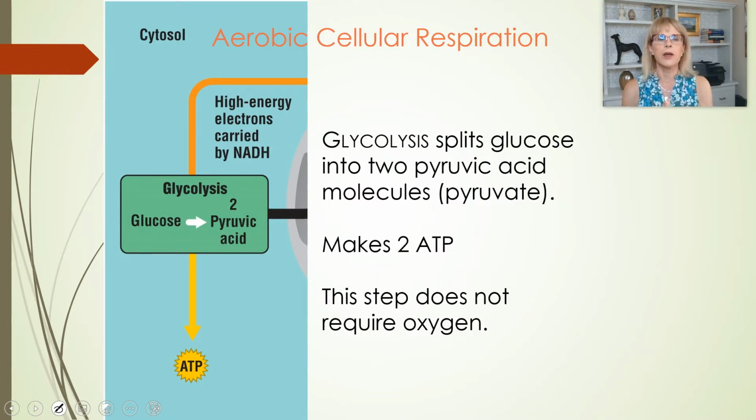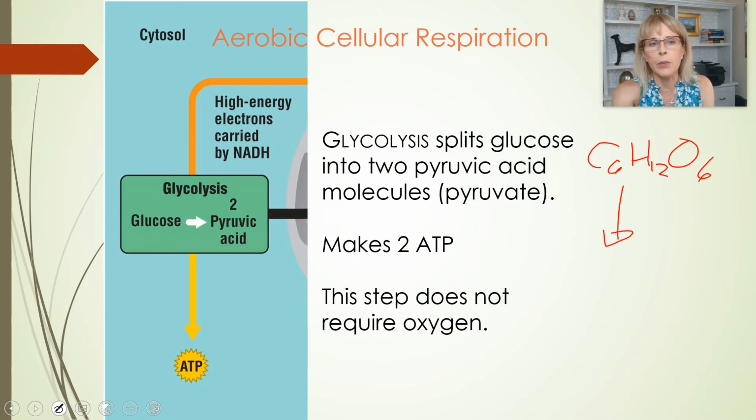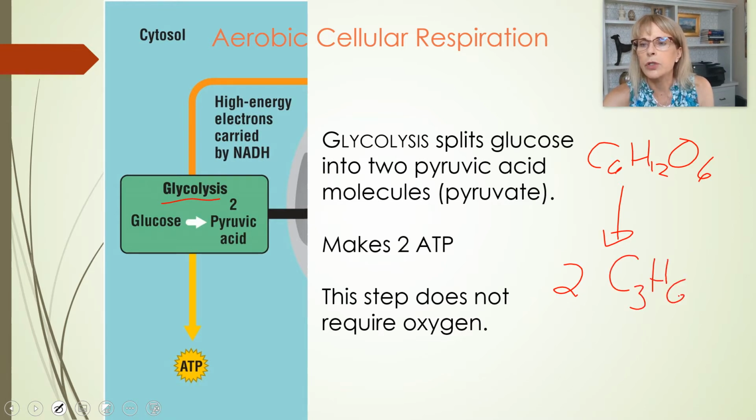Now, let's move on to some more detail. Let's start by talking about the first stage, which is glycolysis. Glucose is a 6-carbon molecule. Its formula is C6H12O6. And it is going to be broken in glycolysis to make 2 pyruvic acids. So 2 smaller molecules.